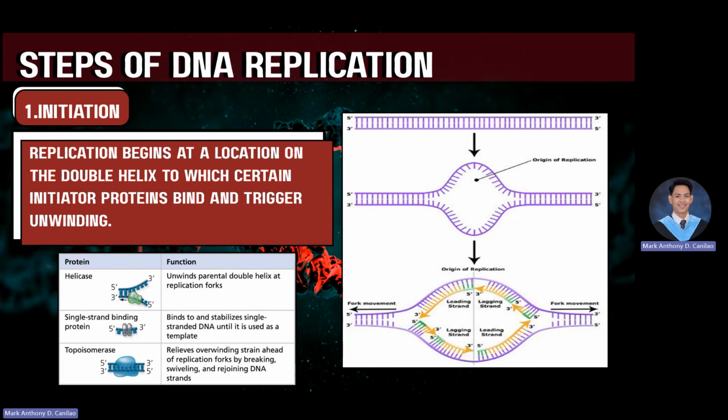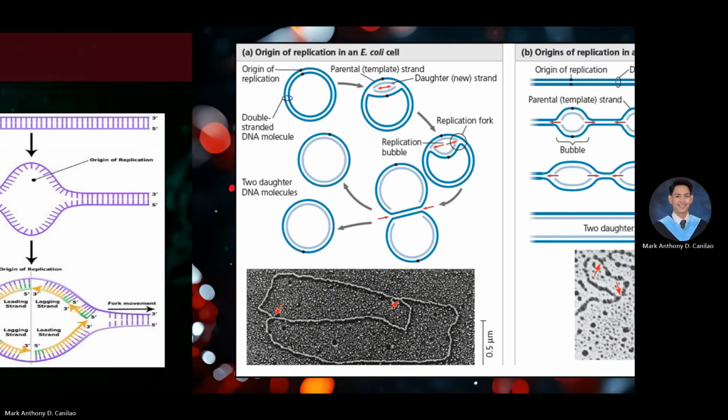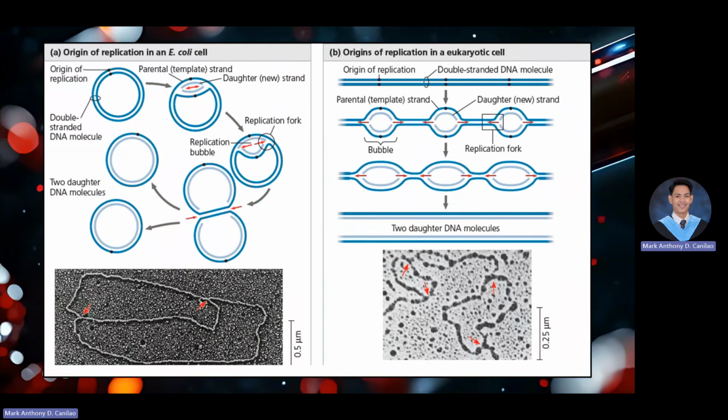So after initiation, we will now enter the next phase. Before we proceed with that, let us first have an overview of how prokaryotic cells and eukaryotic cells perform their DNA replication. Found on the left side of the screen is the replication of the prokaryotic cell, known as bacteria.